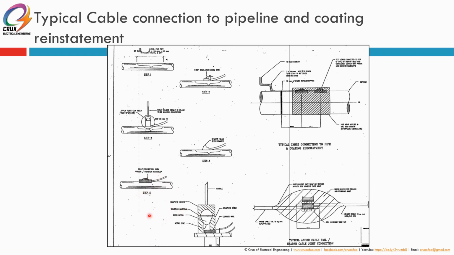Then you wrap all around until you maintain the insulation, so that there will be no interaction with the atmosphere or the soil condition. This is what they do for the connection from the negative junction box to the pipeline, and from the test point to the pipeline. This is how the thermo-well connection is coated back to maintain no interaction between the pipeline and the atmosphere or the environment.